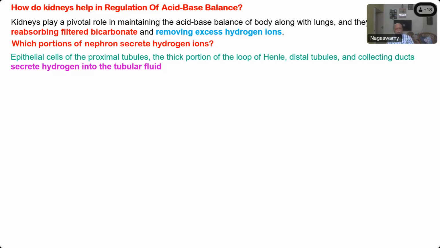That is the fluid which is ultimately going to become urine. And that is why, as I told earlier, our urine is always slightly acidic, 4.6 to 4.8. In chemistry, that is acidic. So the main reason a normal urine is acidic is because hydrogen ion is secreted into the tubular fluid. What reactions happen to cause this secretory process?